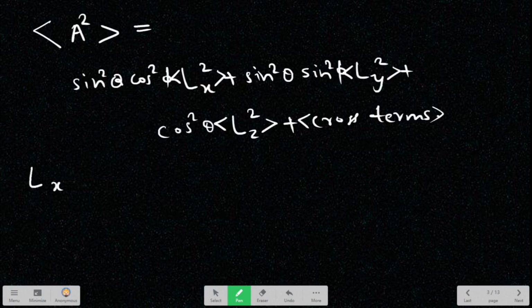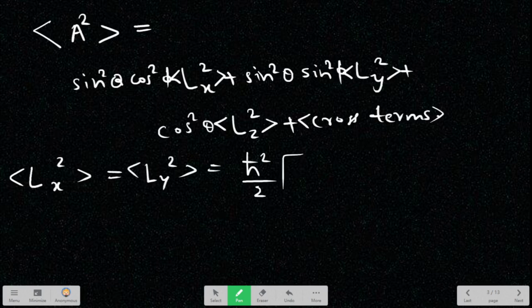Now if you calculate Lx square expectation value, this will be equal to Ly square expectation value, which is equal to h bar square upon 2 L into L plus 1 minus m square.